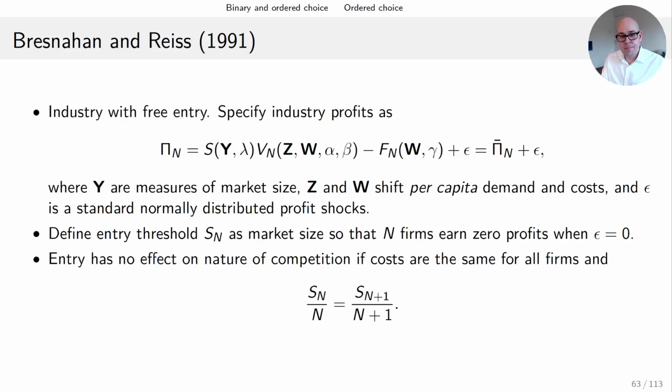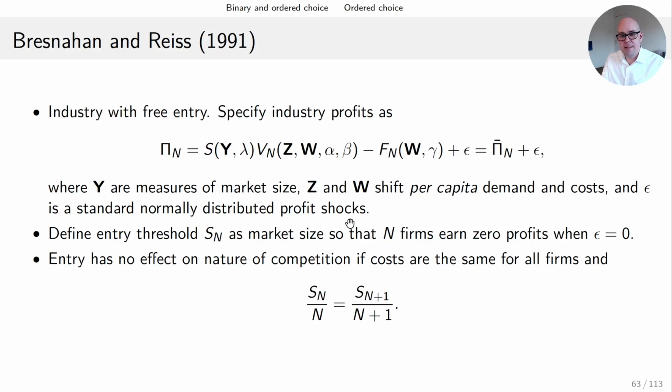So to be specific, Y here are measures of market size. So think of this as measuring how many people live there. And Z and W will shift per capita demand and costs. As I said, epsilon is a standard normally distributed error term that gives us profit shocks.